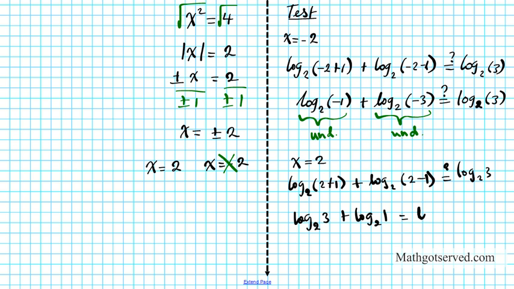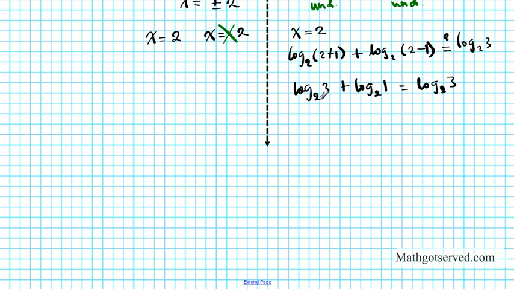Is it equal to log base 2 of 3? We don't have any negative arguments for the logarithm, so that looks good. Using the product property, we're just going to multiply these two arguments. We have log base 2 of 3. Is it equal to log base 2 of 3? Absolutely it is, so our answer checks out. That means the only solution we have for this problem is x equals 2.